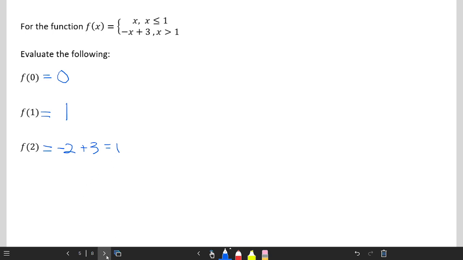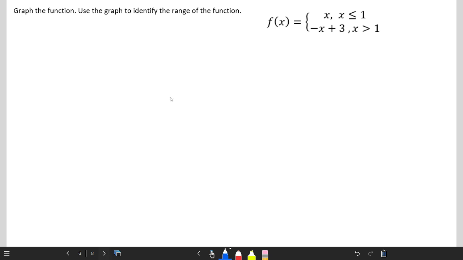Now let's graph this. I think it makes sense to start with one piece at a time here. And so for the piece where x is less than or equal to 1, what I like to do is picture a number line. And I think about what would happen if I was graphing this inequality on a number line. So I'm graphing x is less than or equal to 1 on a number line.